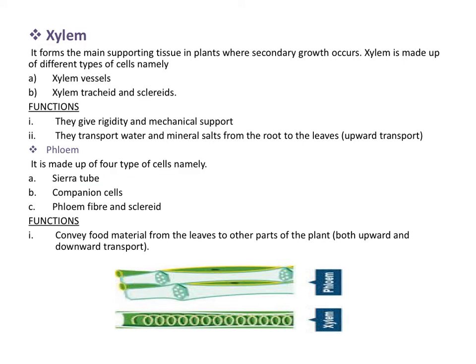That's upward transportation. Phloem, on the other hand, is made up of 4 types of cell. They are sieve tube, companion cells, phloem fiber, and sclereids. Their function is to convey food materials from the leaves to other parts of the plant. So they undergo both upward and downward transportation. We talked more about phloem and xylem when we discussed transportation in plants.